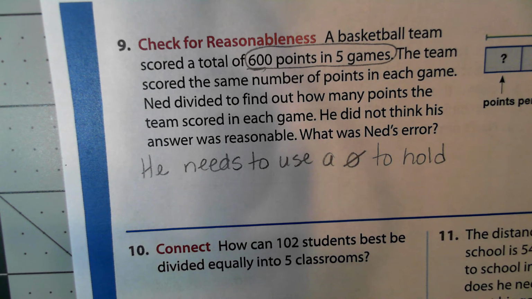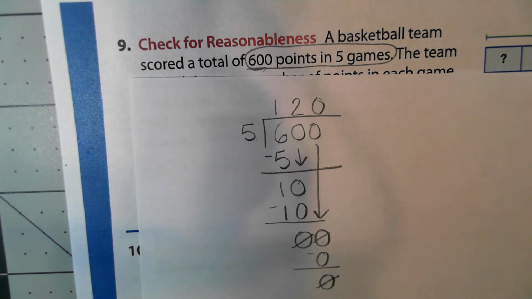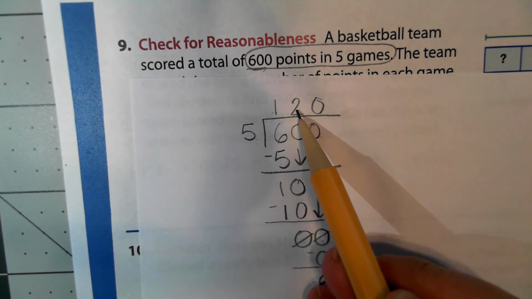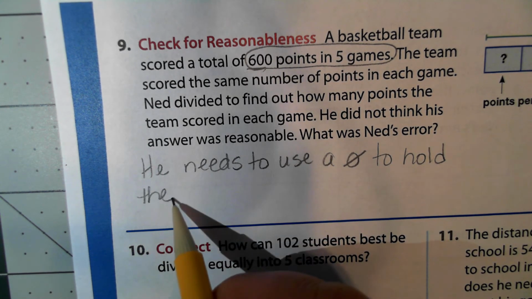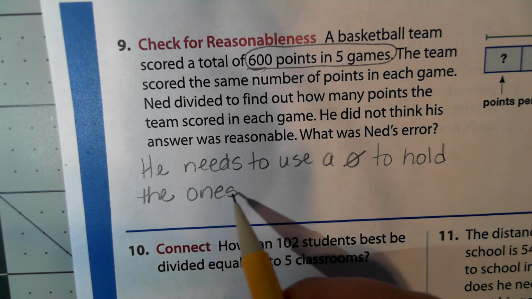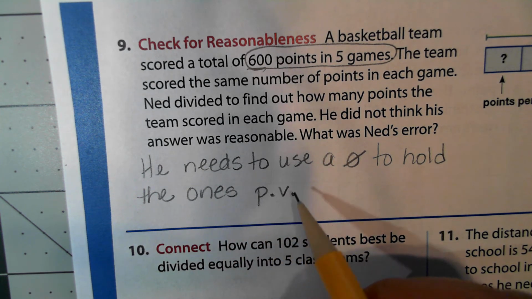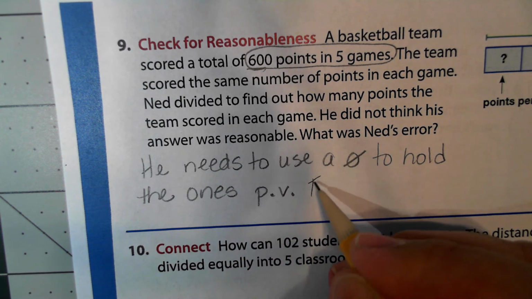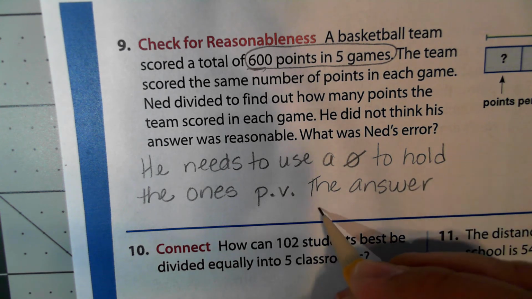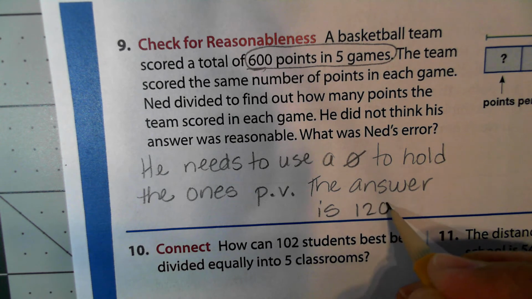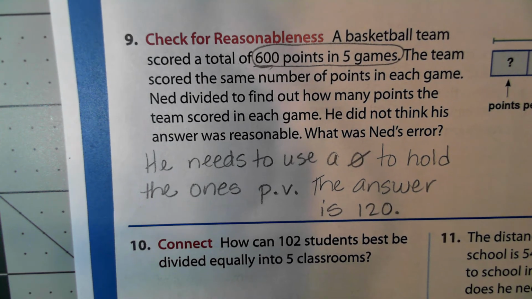What was that place value? Let me look. Hundreds, tens, ones. To hold the ones place value. The answer is 120. That was his mistake.